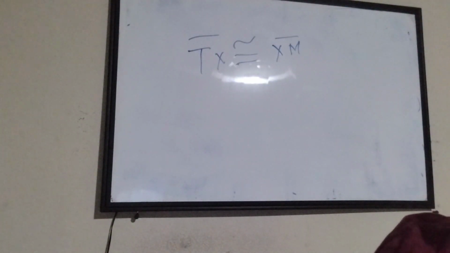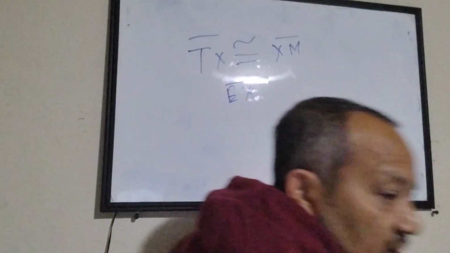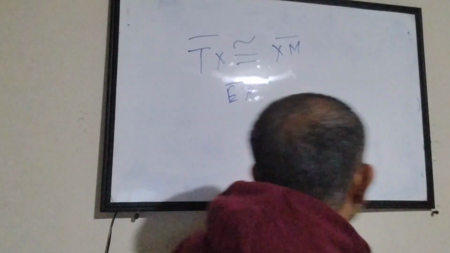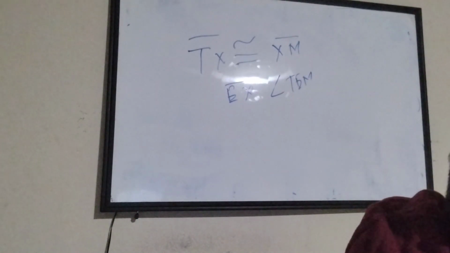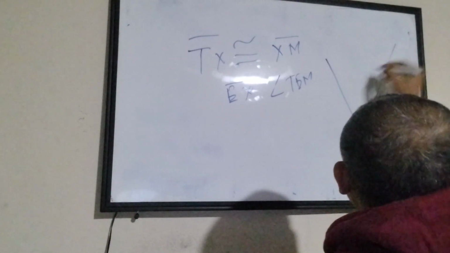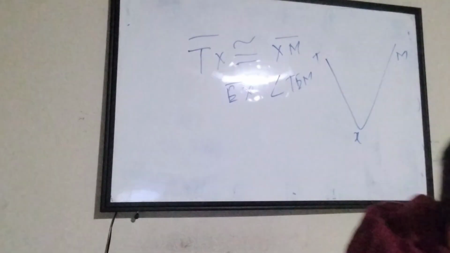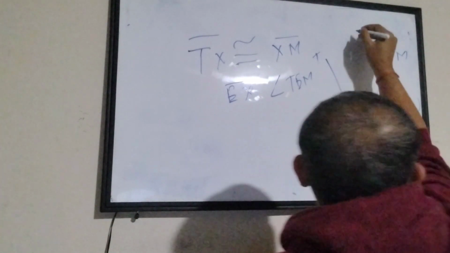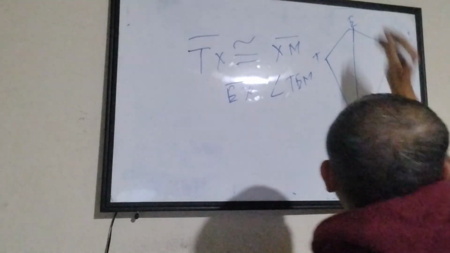Give me one second to draw it. TX, XM, TXM, and then EX. Yeah. Okay, now it's fine.